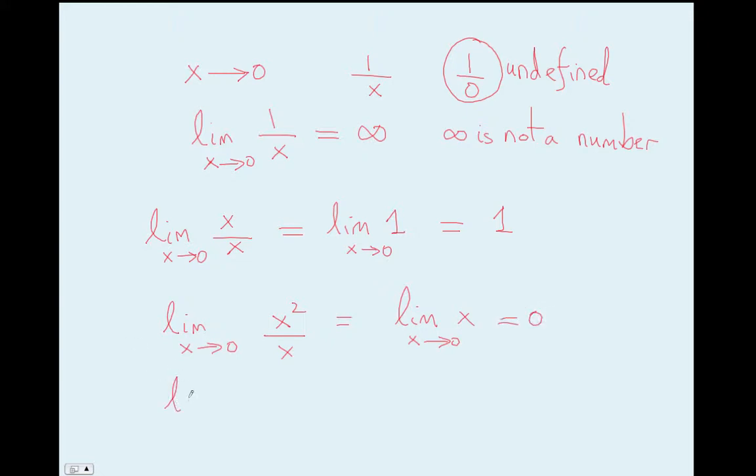On the other hand, if I had the limit of x divided by x squared, well then that's the limit of 1 over x, and that, as we discussed above, is infinity. Again, I stress that infinity is not a number.